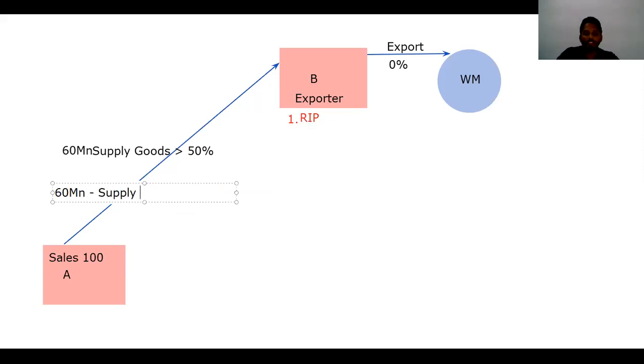Supply of services is more than 50 million, and this person also can register as RIP.